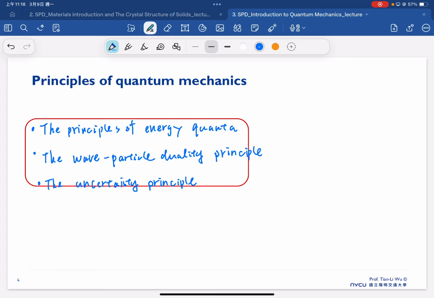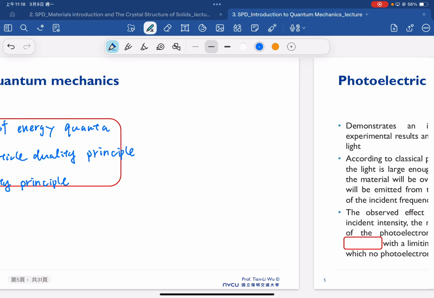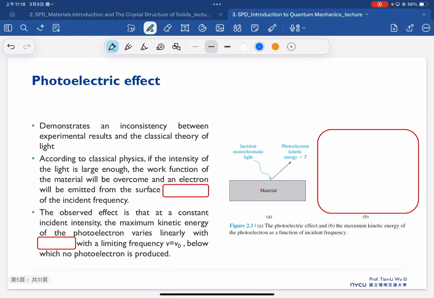Also, some more basic modern physics will be needed. These are pretty basic knowledge, for example, the photoelectric effect here. This demonstrates an inconsistency between the experimental result and the classical theory of light.